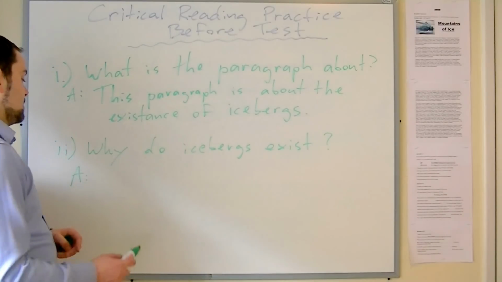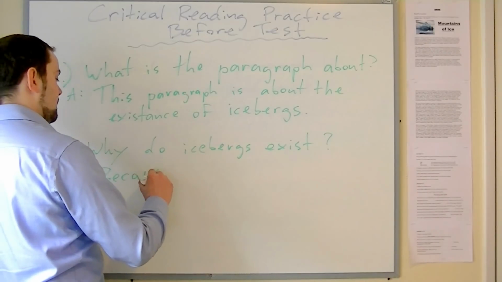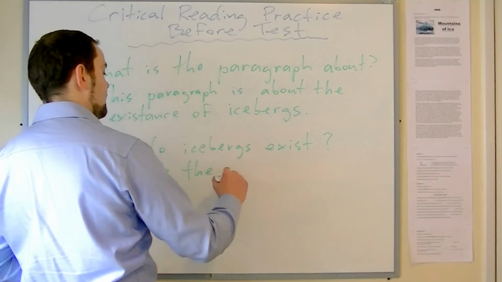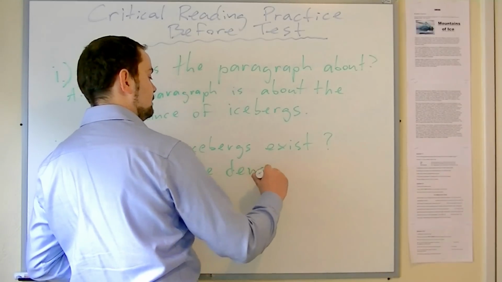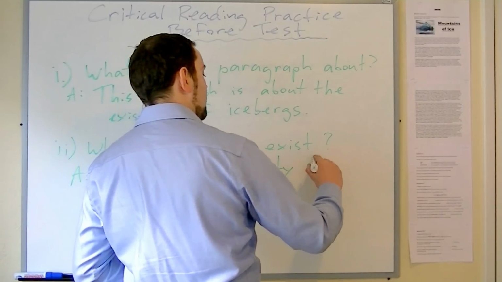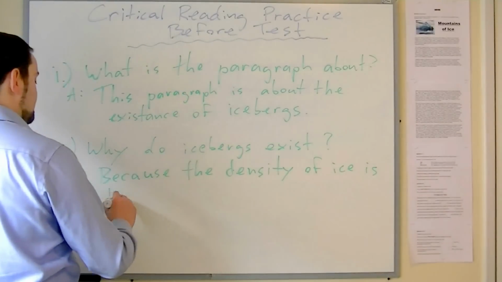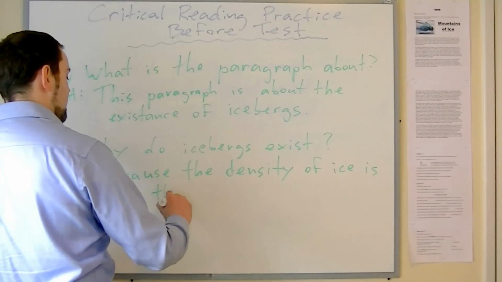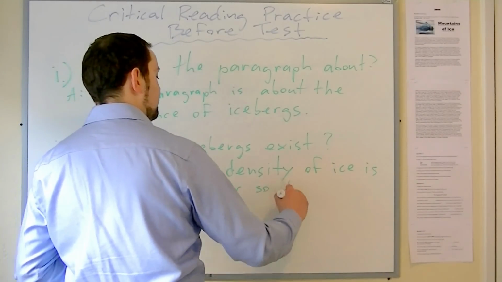So why do icebergs exist? Because the density of ice is less than water, so they float.